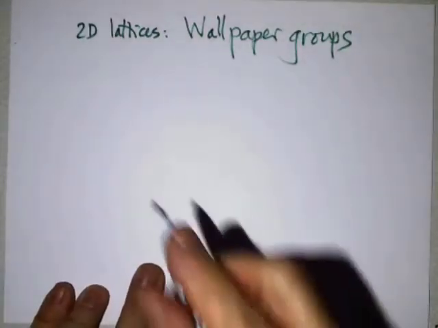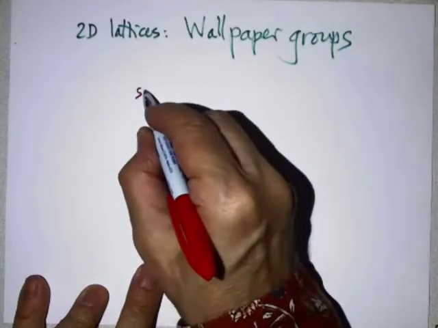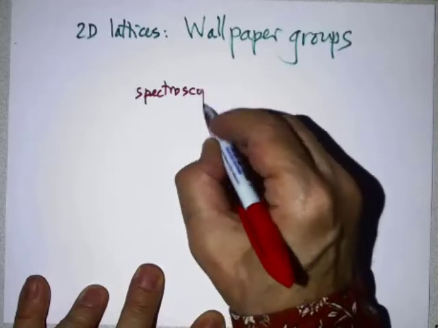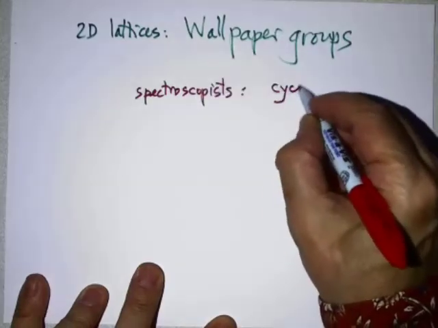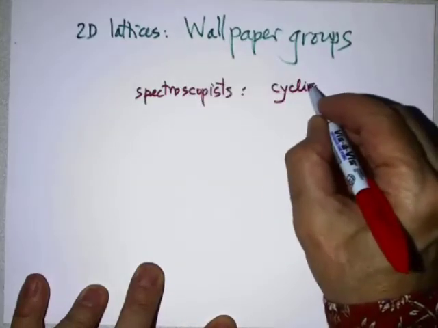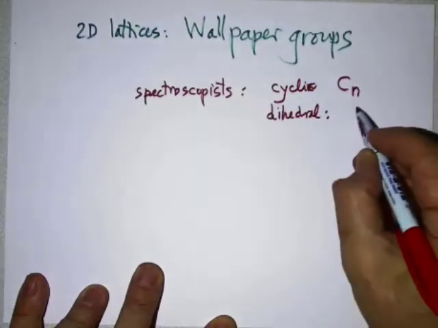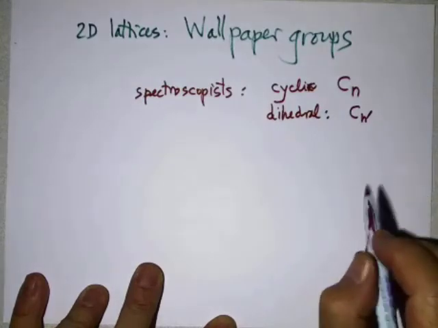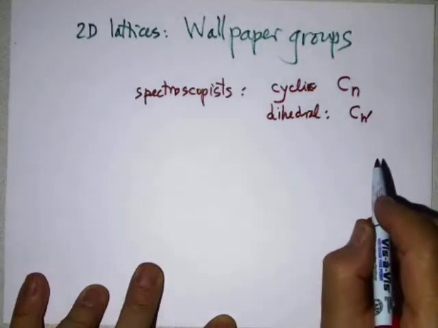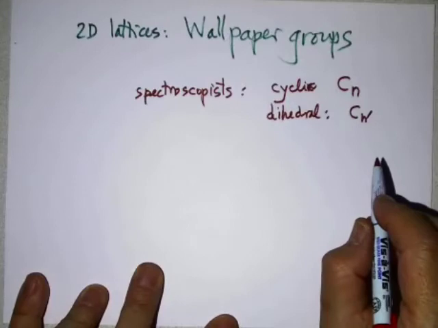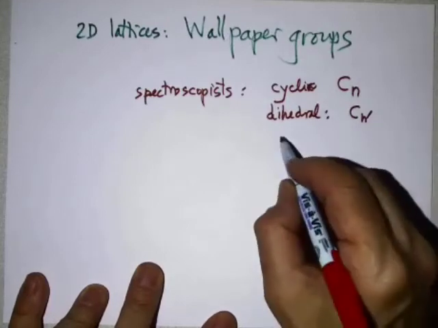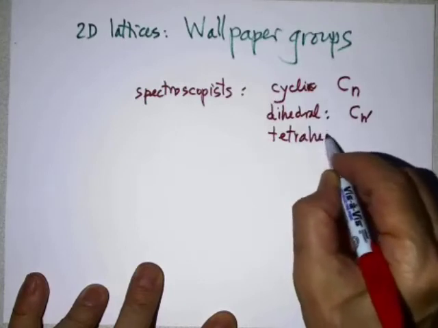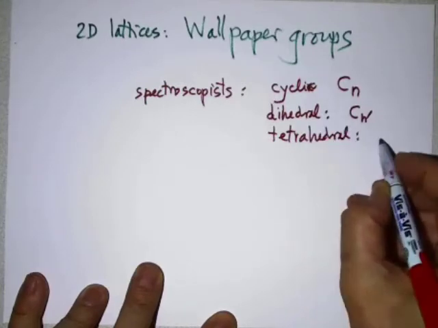These things have existed for at least 150 years, and they have names, and they are tabulated, etc. The people are called spectroscopists, and typical problems are, in 2 dimensions you tend to have rotations. In 3 dimensions you tend to have polyhedral groups. I will not go into too much detail for that.